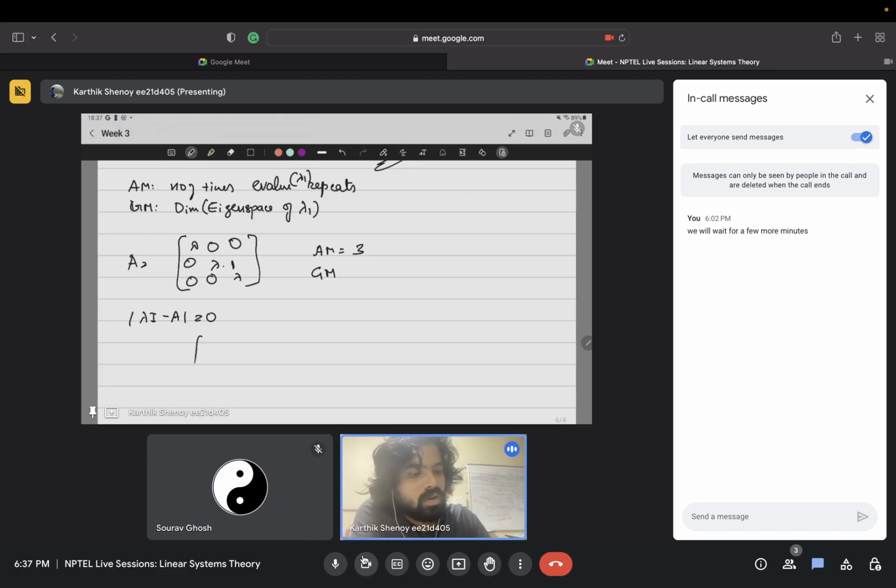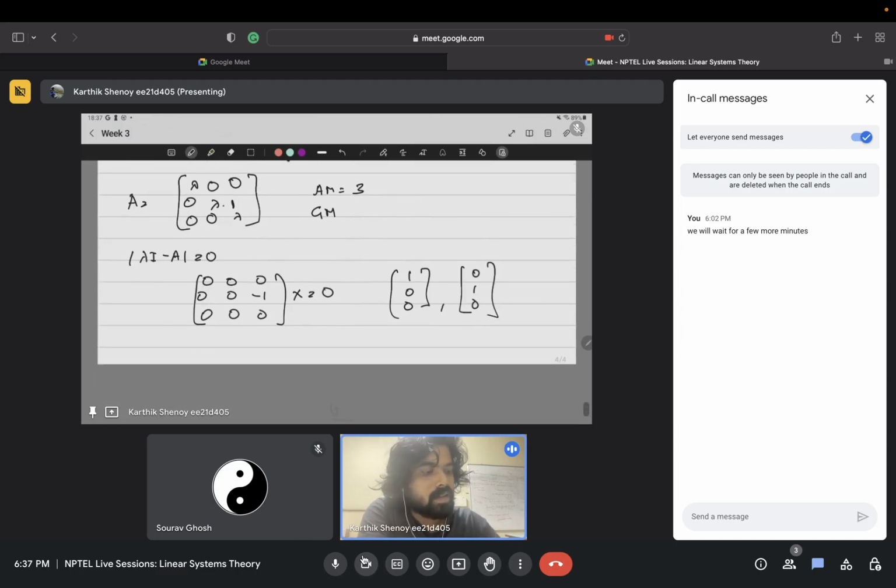So I'll write that 0, 0, 0, 0, 0 minus 1, 0, 0, 0, times some x equal to 0. So when is this 0? The first one is 1, 0, 0, 0, 1, 0. Then there is one more.